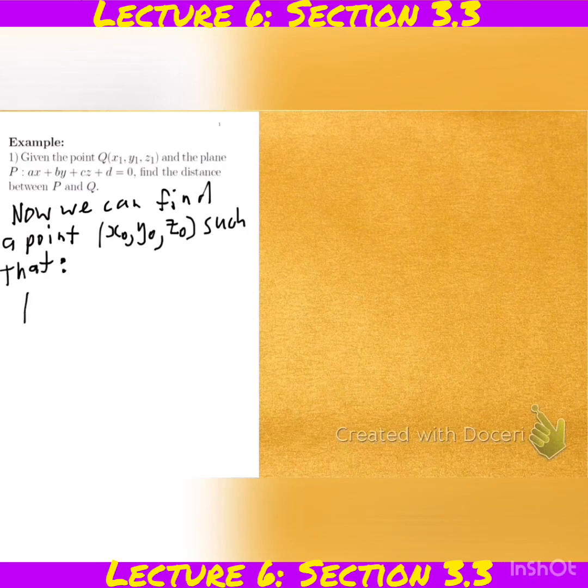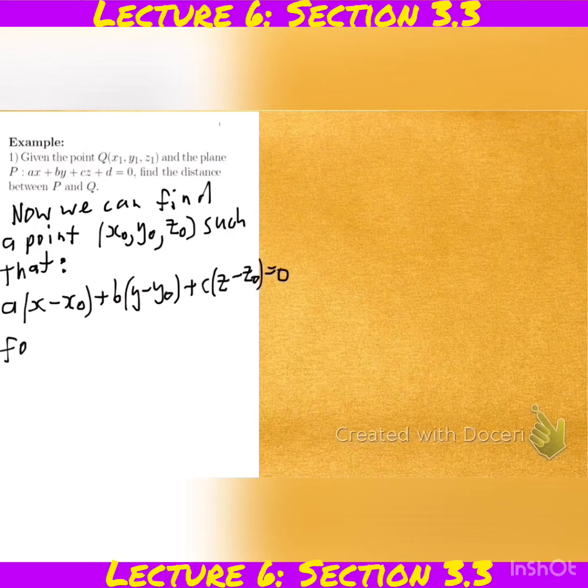So you have the normal vector, which is in this case A, B, C, for the plane P. Okay, so remember that's the actual equation of the plane P.